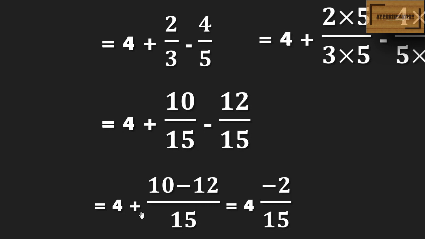Here the first number is positive and the second negative, so subtract both numbers. 10 minus 12 is minus 2, because 12 is a bigger number and that is negative. So minus 2 and 15 as it is. So the final answer is 4 and negative 2 upon 15.